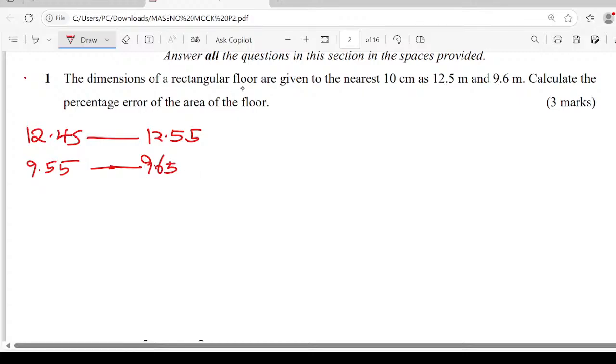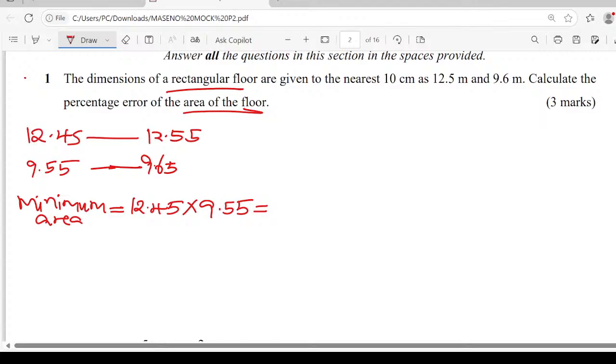Because it is a rectangular floor and they are asking about the area, first let me calculate the minimum area. Minimum area is obtained by taking the minimum values. That will be 12.45 times 9.55.